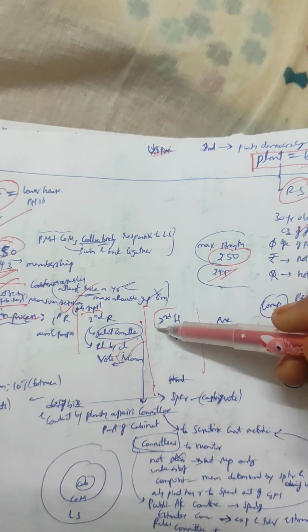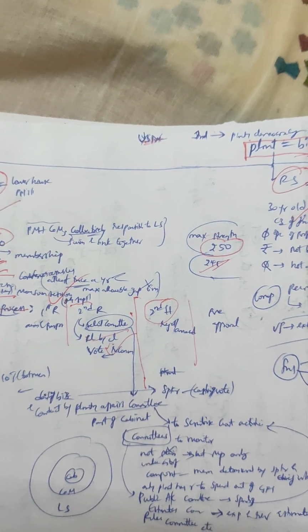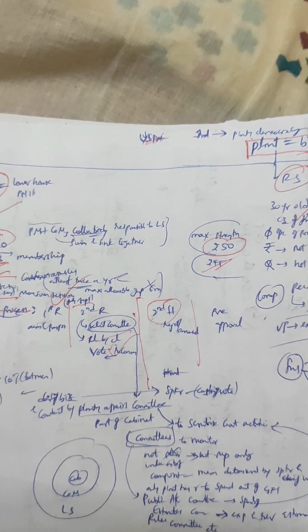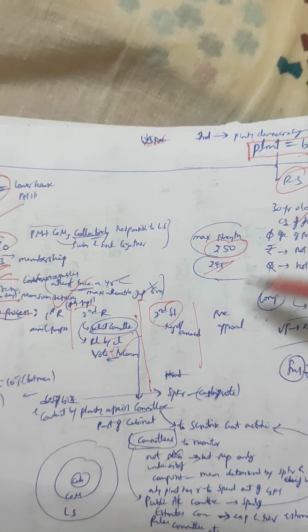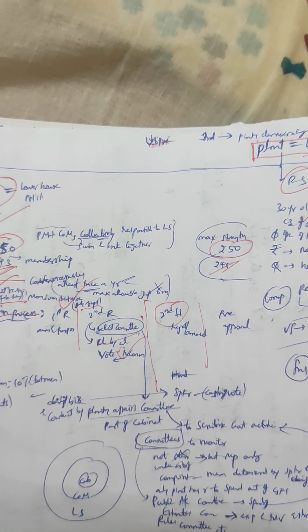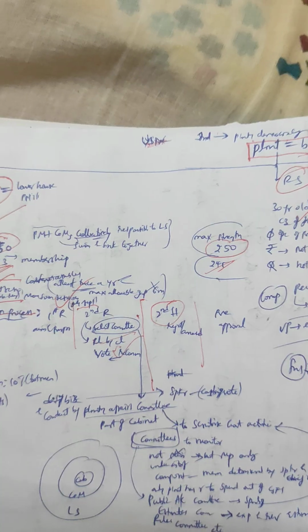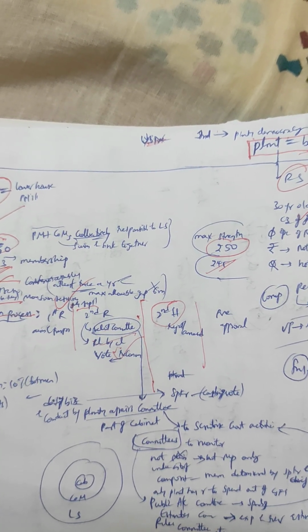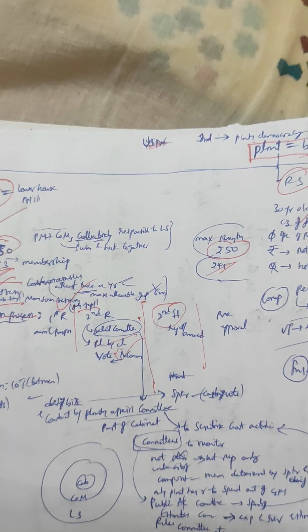So this second house can be Lok Sabha or Rajya Sabha, because in case of ordinary bills, Rajya Sabha and Lok Sabha have equal powers. But in case of money bill only, Lok Sabha will be having absolute powers, but not Rajya Sabha. So Rajya Sabha can only accept.